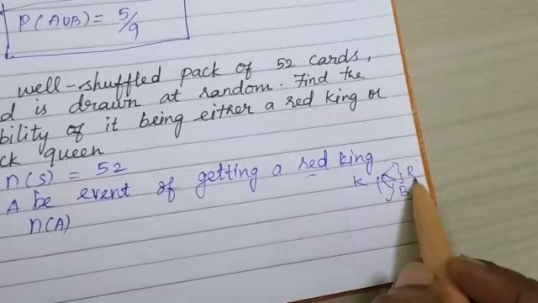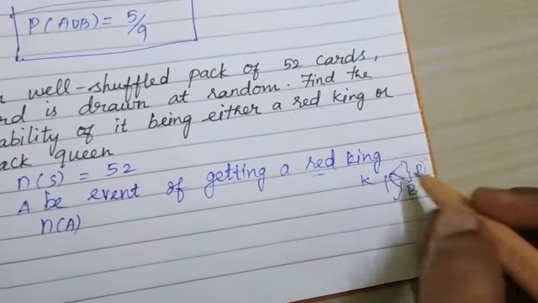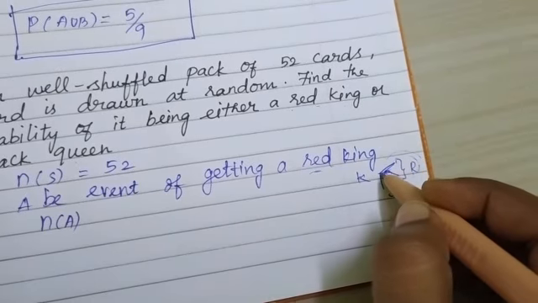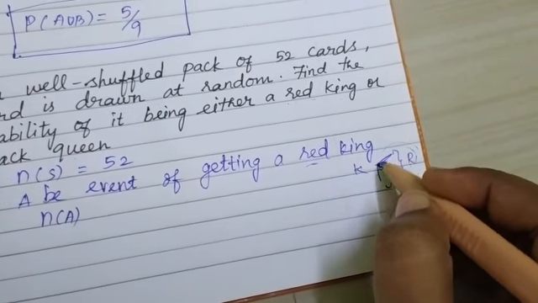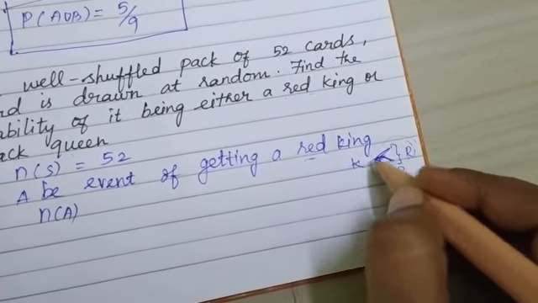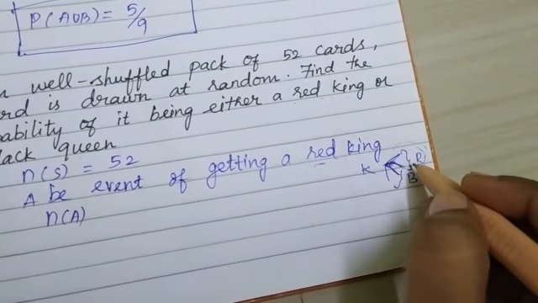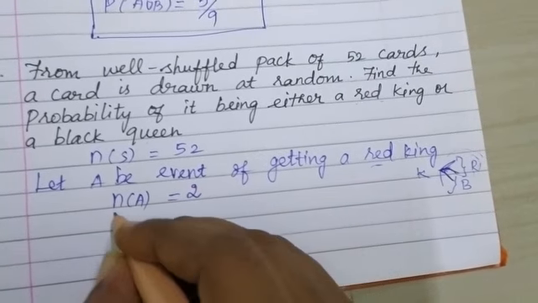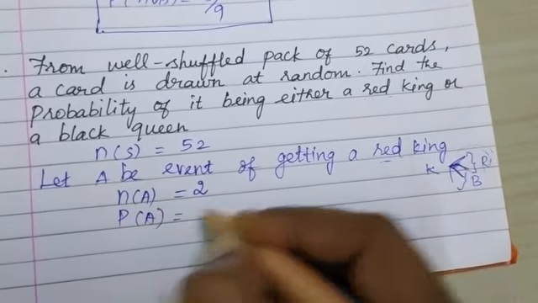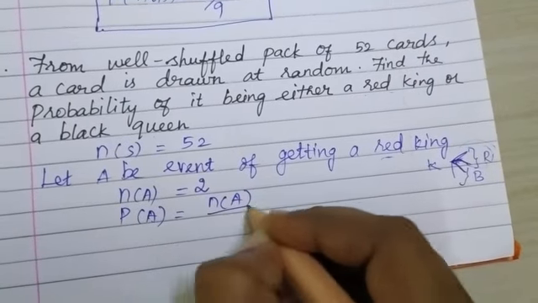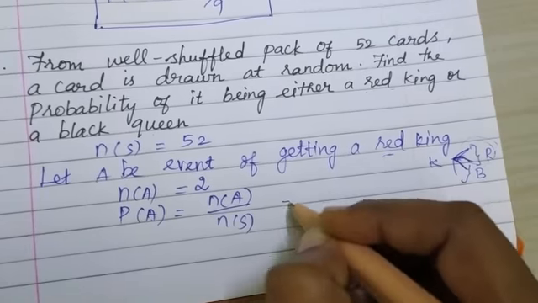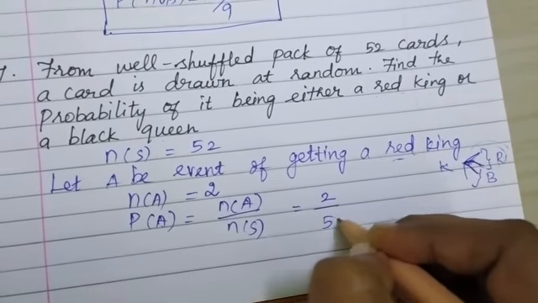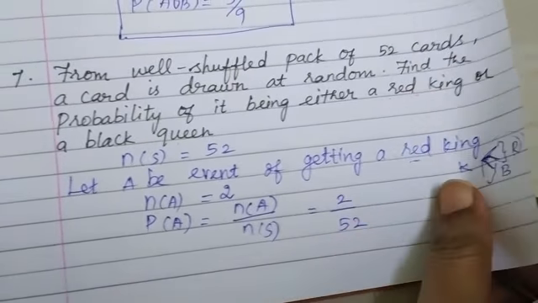So red color, how many cards are there? 2 cards. Okay, king, jack, queen, 4 cards are there. So of 4, 2 are red, 2 are black. So red king is 2 cards. So number of A equal to 2. So P of A is equal to number of A by number of S. So 2 by 52.